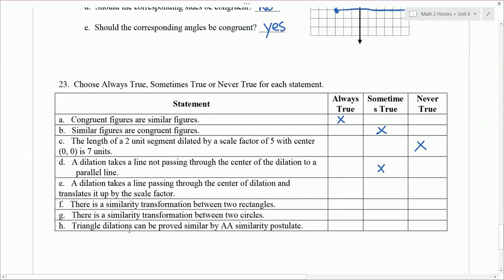Part E, a dilation takes a line passing through the center of a dilation and translates it up by a scale factor. That's false. If you have a line passing through the center of the dilation, its dilation will also go through that center as well.